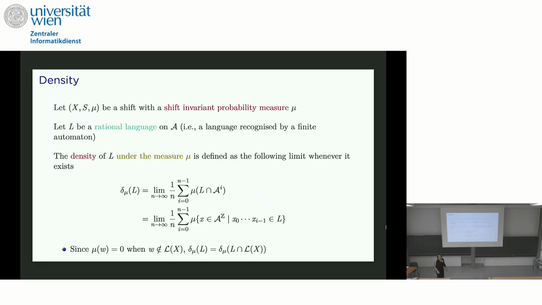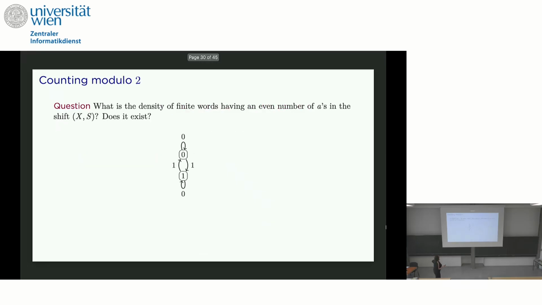You can take an exponential language with exponentially many factors of a given size, and you want to extract information with your measure from a shift which has maybe a linear factor complexity, and you want to see whether this quantity exists. So that's a question from the rational viewpoint.